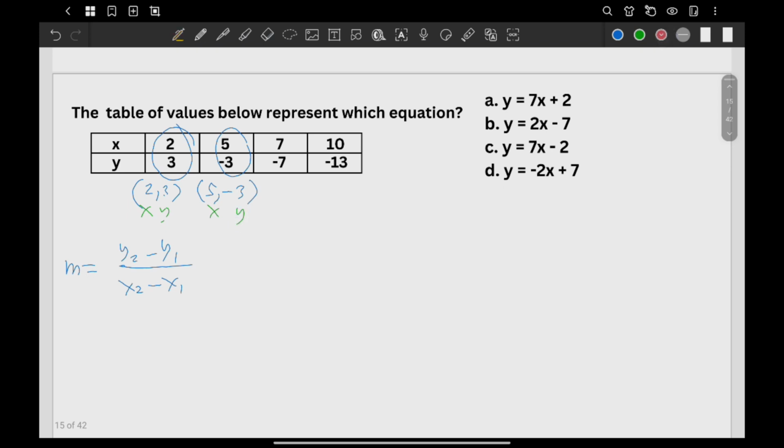Now, which one should be my sub 2? Is it this or this? In this case, we cannot decide which one is bigger or smaller, so whatever you want is okay. Let's say you make the first one your sub 2.